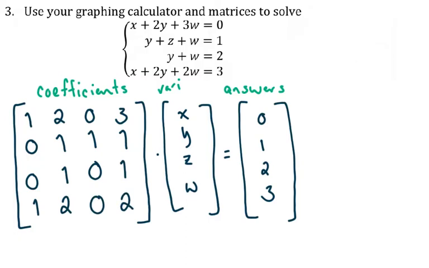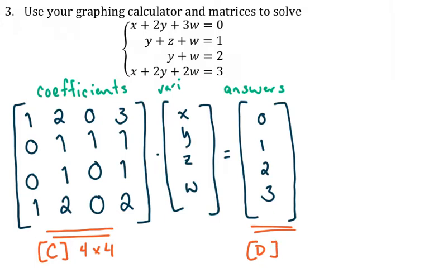So once we've got these all filled in, put them into your calculator. This I'm going to call C, which is a 4 by 4 matrix, and I'm going to call this one D in the edit function, which is a 4 by 1 matrix.